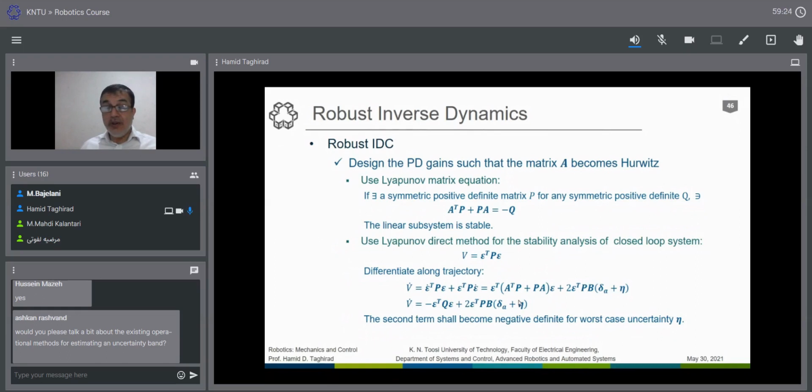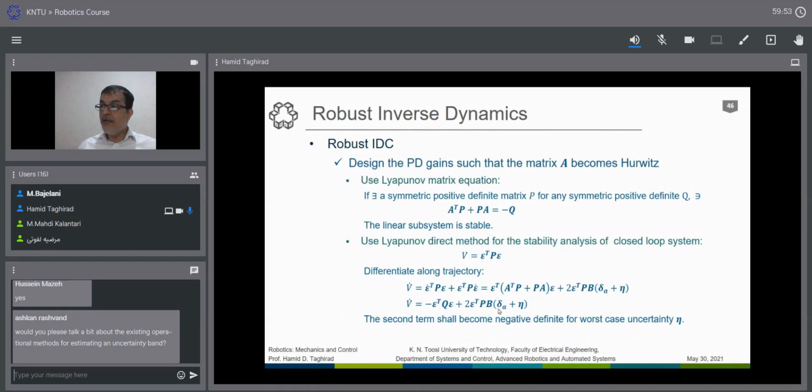Even if we can make it equal to 0, if we know eta and we consider delta equal to minus eta, then it was done. But this is not possible because we don't know the uncertainty. We should take care of this second term to become somehow negative.